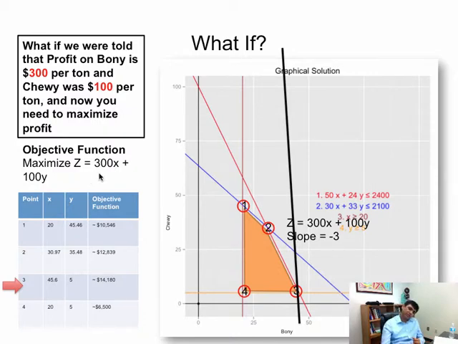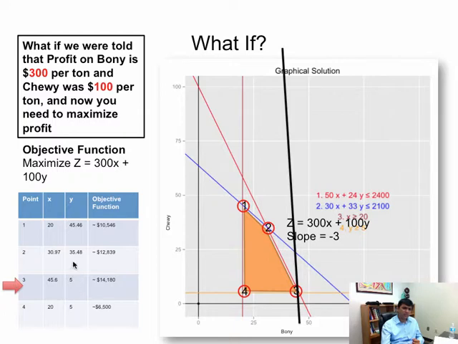What we will notice immediately is that the objective function line transforms to what you see on this slide, because the slope becomes -3. What we will find is that now our maximum point is point number 3, where x should be 45.6 tons and y should be 5 tons.